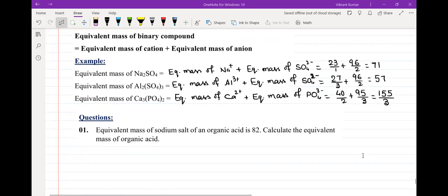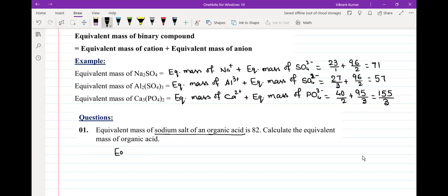Something amazing has happened right now. Yusha's answer is right, all of you remaining are wrong. This is salt, this is not organic acid, this is salt of organic acid, which is actually sodium salt.